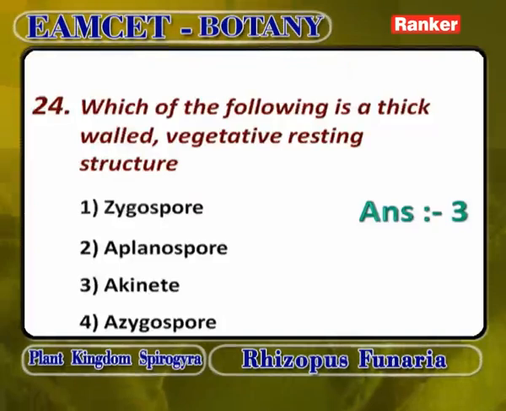Akinete is a thick-walled vegetative resting structure. Aplanospore is also thick-walled, but the total cell is not involved. Zygospore is not vegetative, it is a reproductive structure. Azygospores are formed by non-functional aplanogametes. So the answer is akinete.